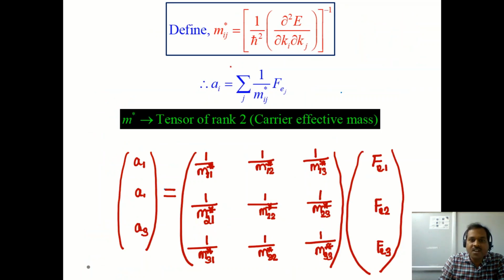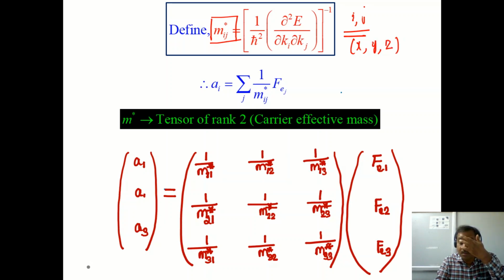So we can define the mass in this manner, and remember, here mass is no more a scalar quantity because it depends on the indices i and j. Here i and j are basically Cartesian coordinates, the x, y and z components, right?